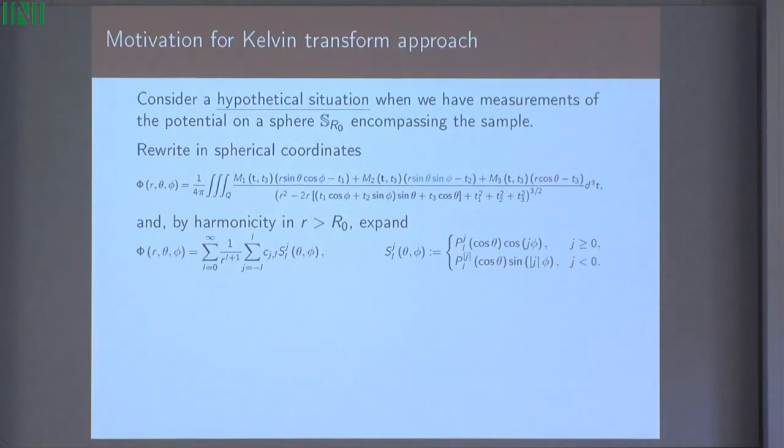It's not a realistic situation at all, but suppose we measure the potential on a sphere. So the previous formula can be rewritten essentially in polar coordinates like this. And since we measure around the sample, outside of this sphere everything is harmonic. So the Poisson equation is actually a Laplace equation.